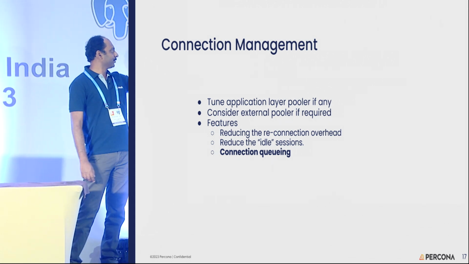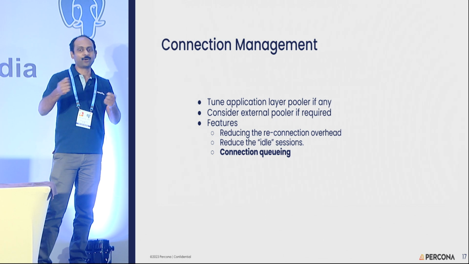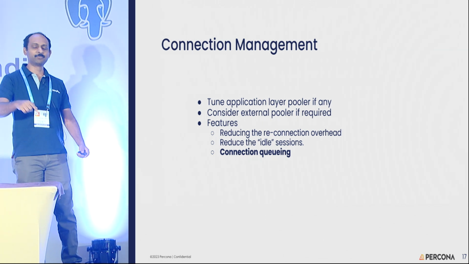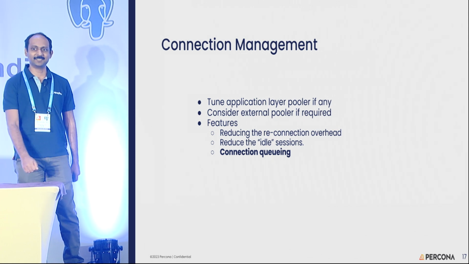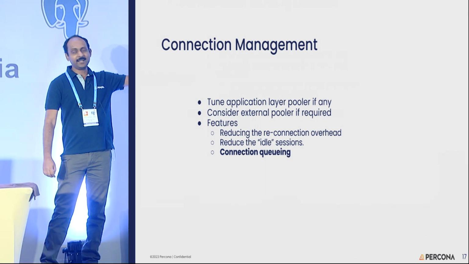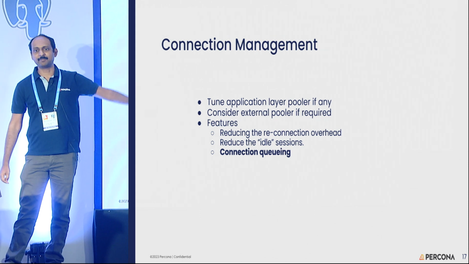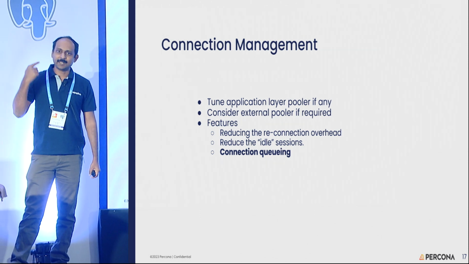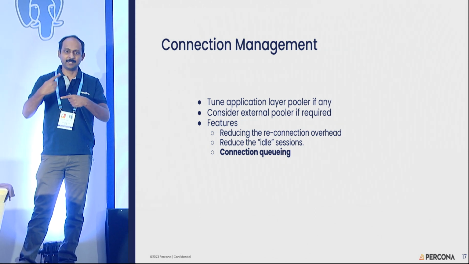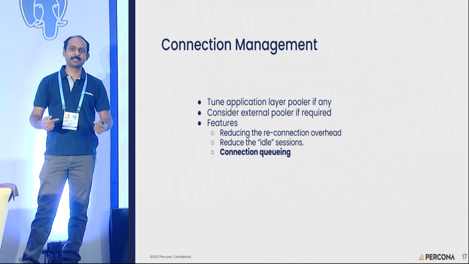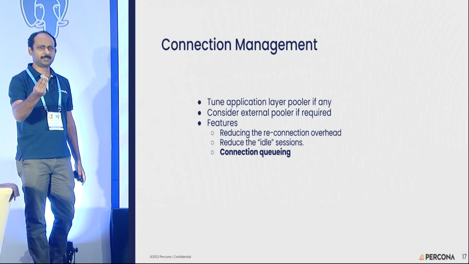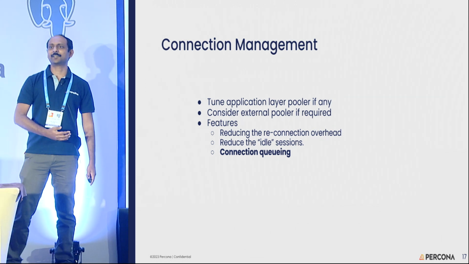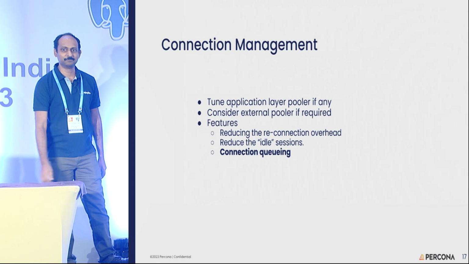Generally we talk about reducing the reconnection overhead, but connection poolers have a lot more advantages than just saving reconnections. We can reduce the number of idle connections because the same database connection can be reused again. Multiple application connections can be multiplexed over a single database connection. So 3 to 5 connections can serve maybe hundreds of application connections.